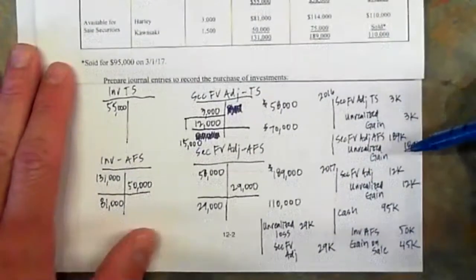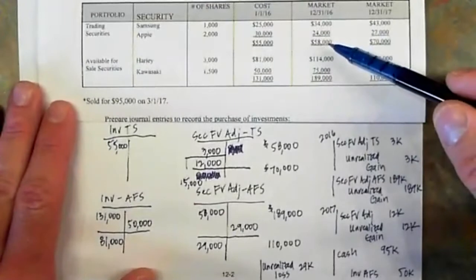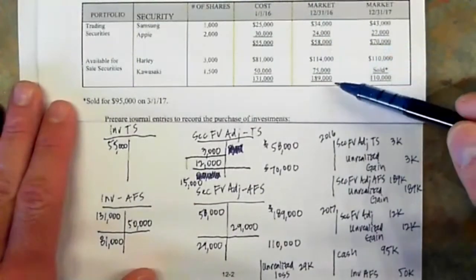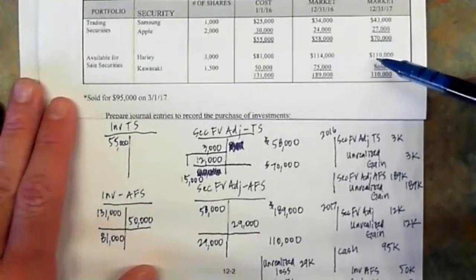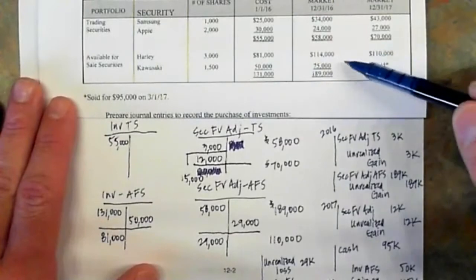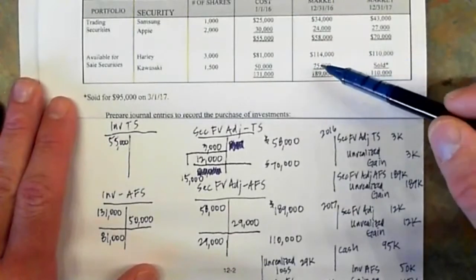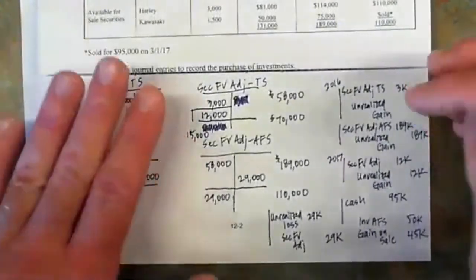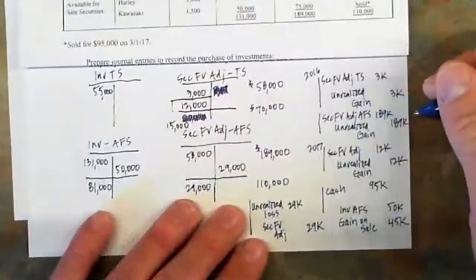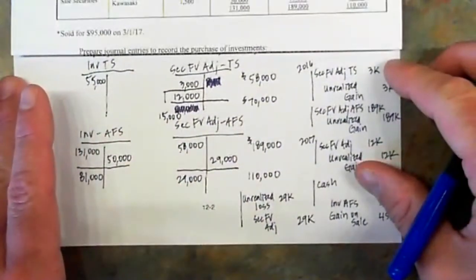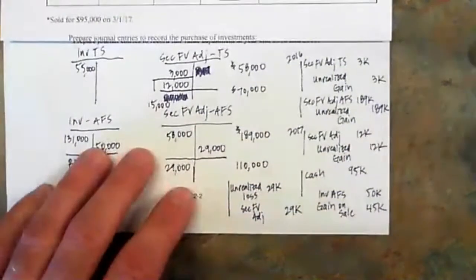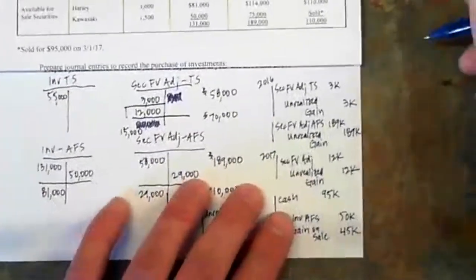We recognized a $12,000 gain. That made sense because my portfolio swung from 58 up to 70. Well, we did have a $4,000 loss in Harley, but Kawasaki had already a $25,000 gain that was in my OCI account. Remember that when I recorded the gain in the prior period, I recorded it incorrectly, I just noticed that.